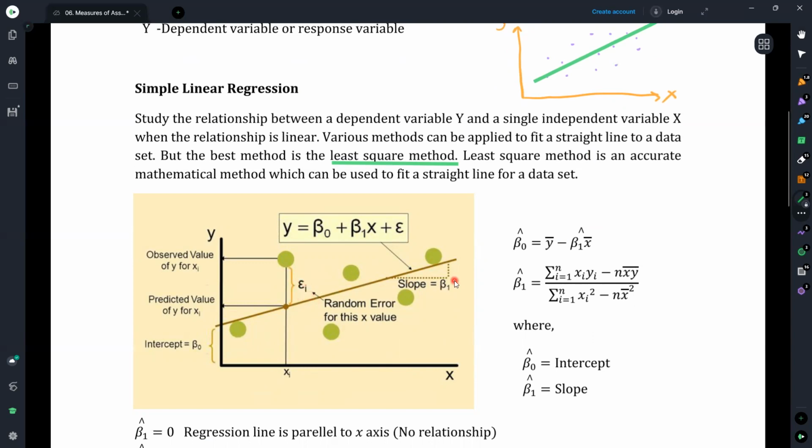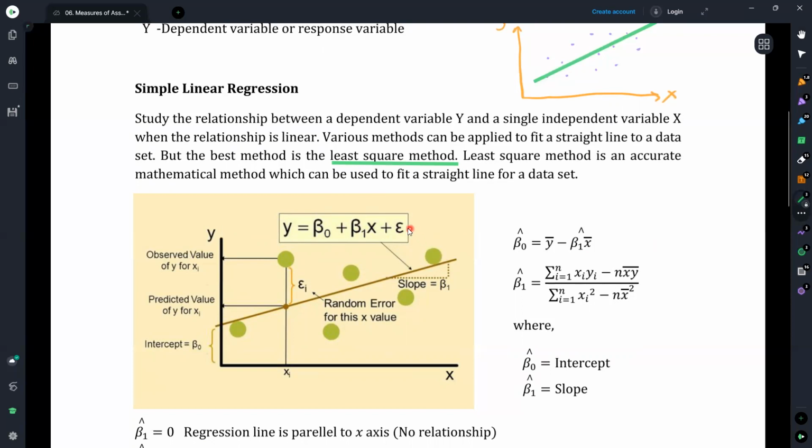The slope of the line is denoted by beta 1, and the intercept is denoted by beta naught. But once we have fitted this line, the errors will not be included in the final model. Therefore, once we fit the line, we are minimizing the errors. That's why we call it the least squares method.